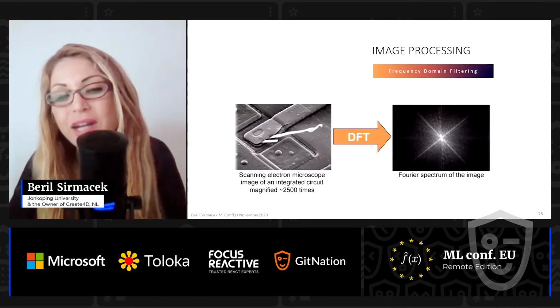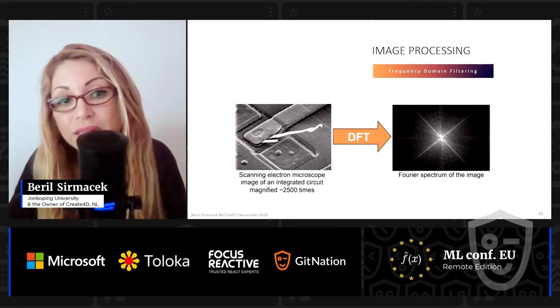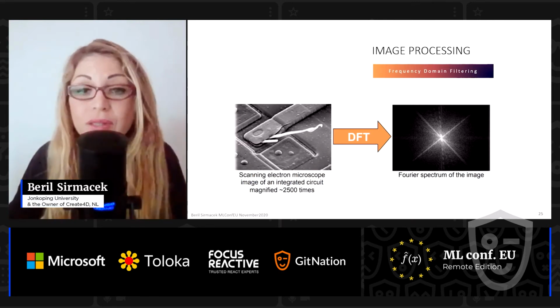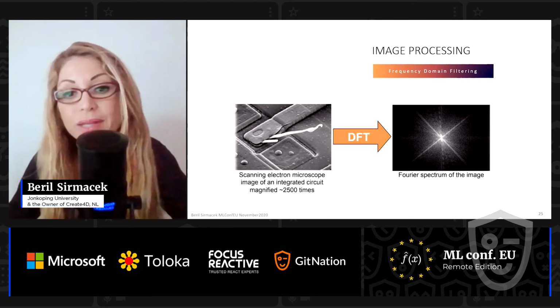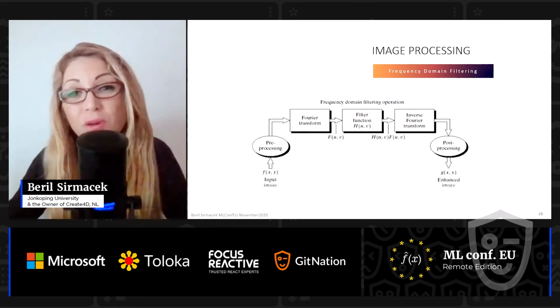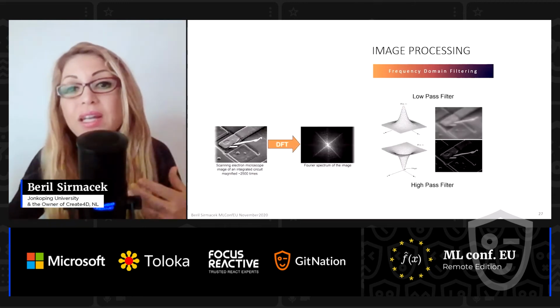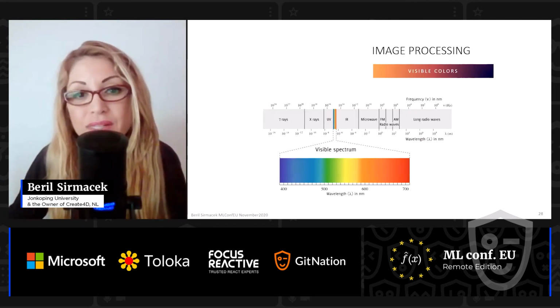I'm going to share them, but it's also possible to do these image processing algorithms in the frequency domain, by converting the image into a frequency spectrum and then processing it there by applying a low pass filter or high pass filter, and then converting it back to the image domain to achieve results.